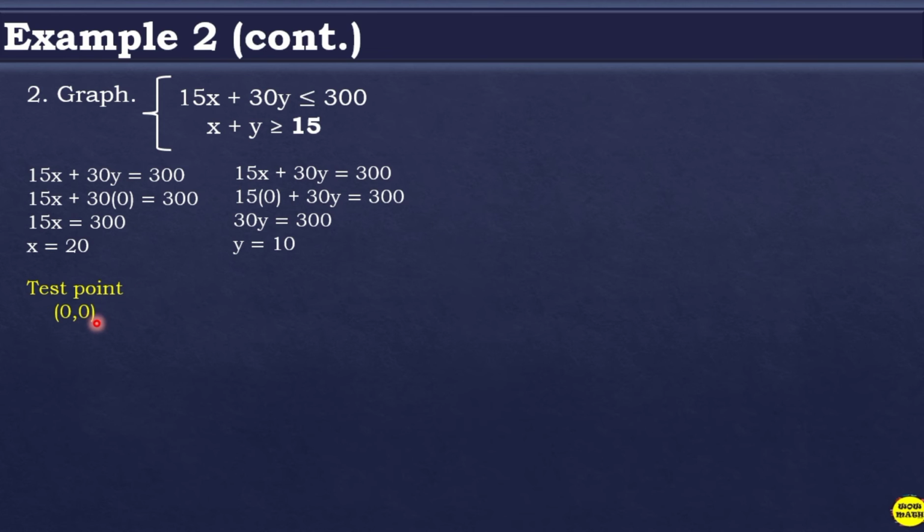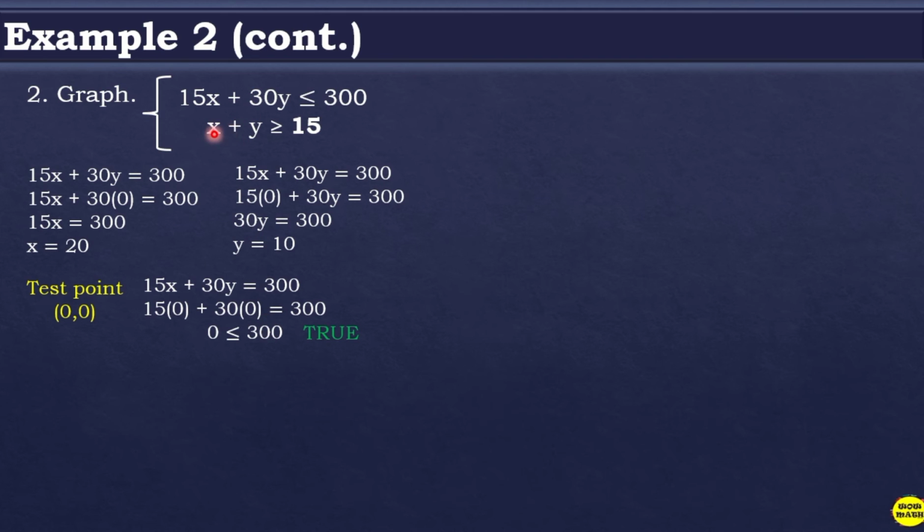Use 0, 0 if possible. Lagay natin ang test point dyan. And then, okay, so we will have 0 is less than or equal to 300. And this is true. So, ibig sabihin, pag pinlat natin itong intercepts at nag-shade tayo, dapat yung test point mo kasama dun sa shaded part o shaded region.